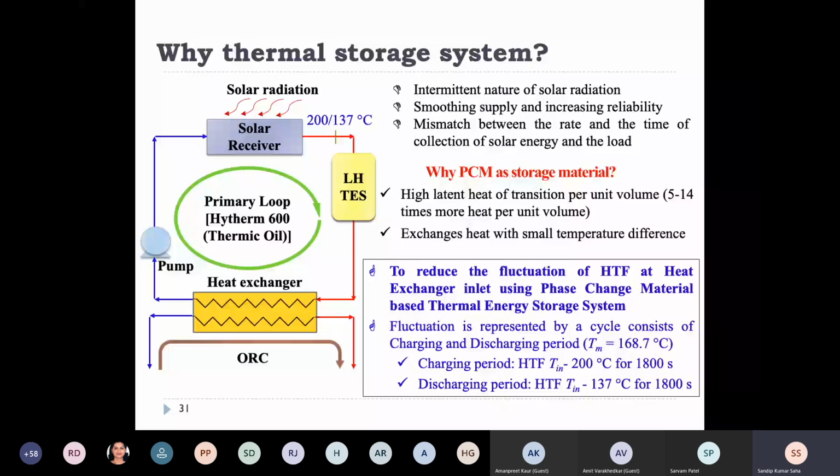Here I have given one example: 200 degrees centigrade, 137 degrees centigrade is the cycle. It means during peak hours, when solar radiation is available, 200 degrees centigrade will be achieved, and during intermittency, when solar radiation is not there on cloudy days, then 137 will be achieved. This is just specification.